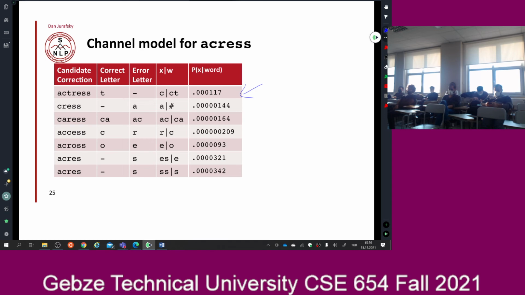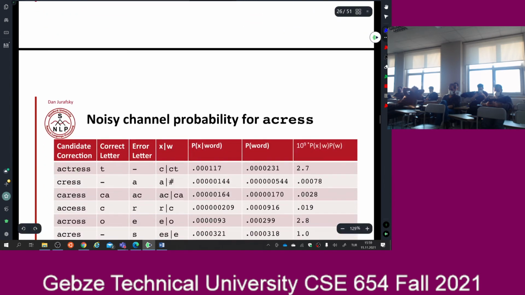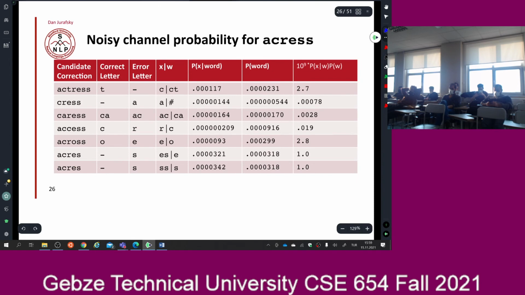Remember, with the unigram, previously our language model was looking at the probability of the word actress, right? That was the language model. So maybe we need to put them together. That's what we are going to do in a few minutes.